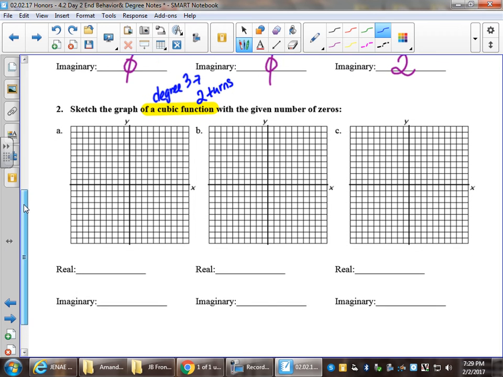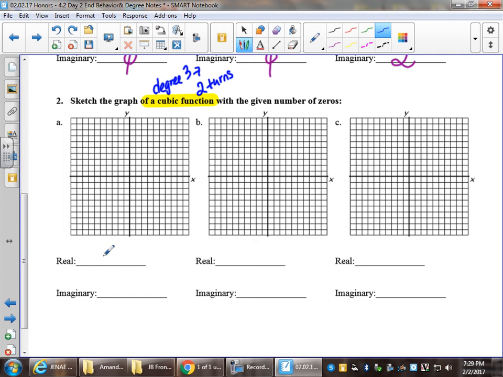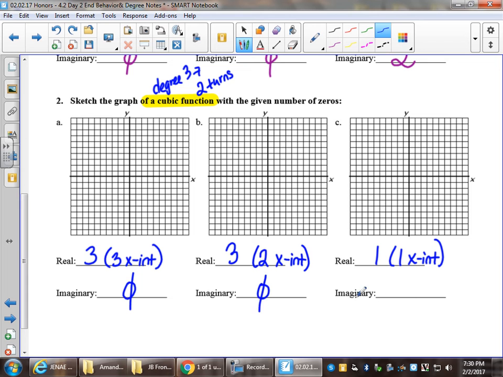The possible cases are 3 real zeros with 3 x-intercepts, 3 real zeros with 2 x-intercepts, 1 real zero, 1 x-intercept. This would have no imaginary, and this would have 2.